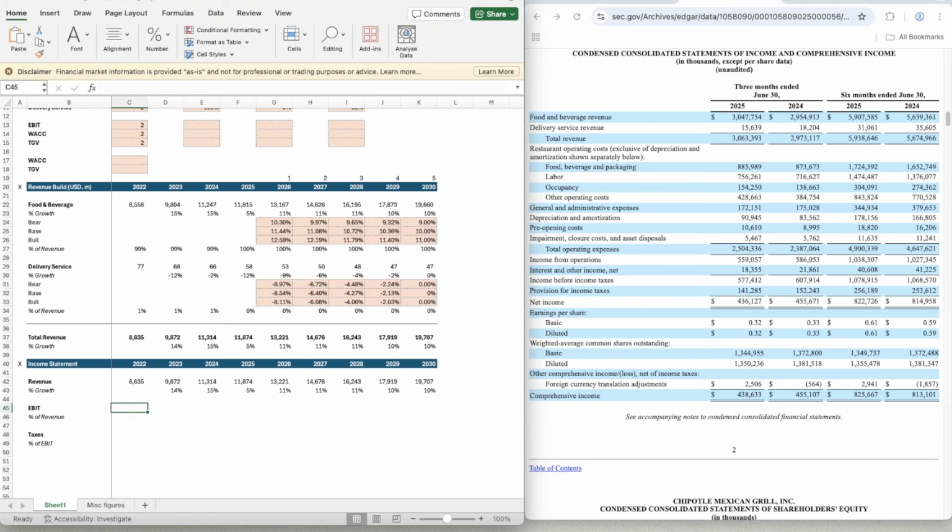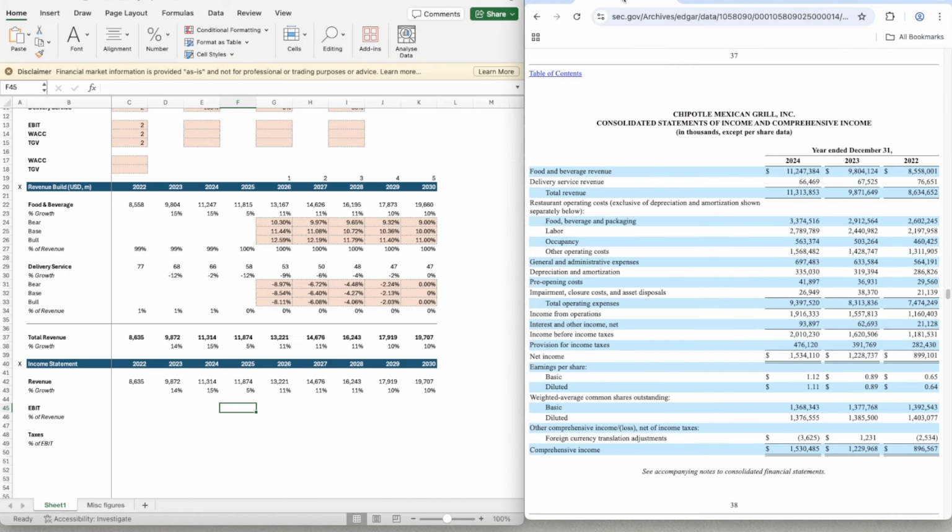So let's go back. Okay, we can do 2025 first. Let's do the other one first. What we're going to do is we take the EBIT as being this line, the income from operations.